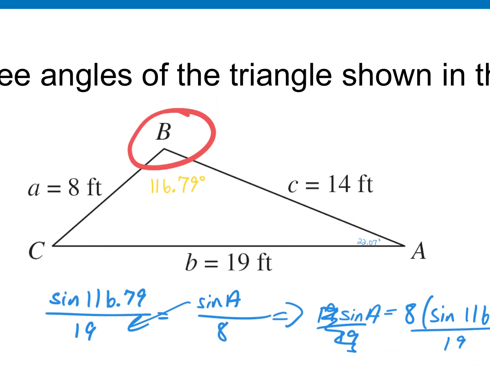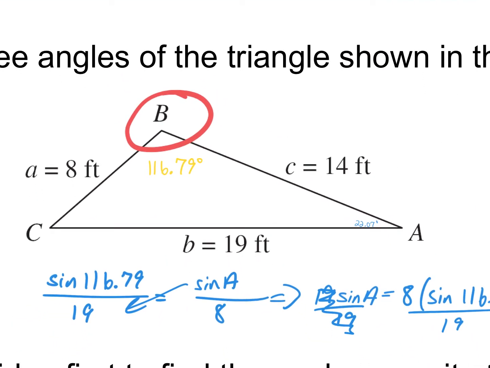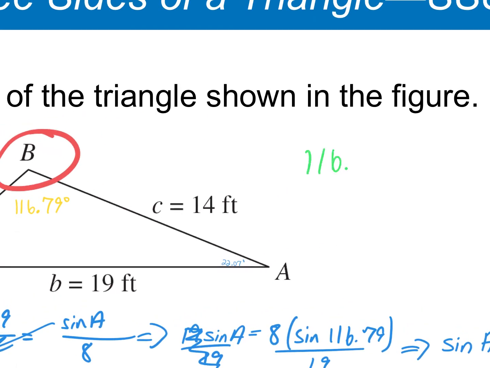So now that I found angle B and I found angle A, how can I find angle C? I can add the two angles that I have together. So I have 116.79 plus 22.07. And what do I get? 138.86.